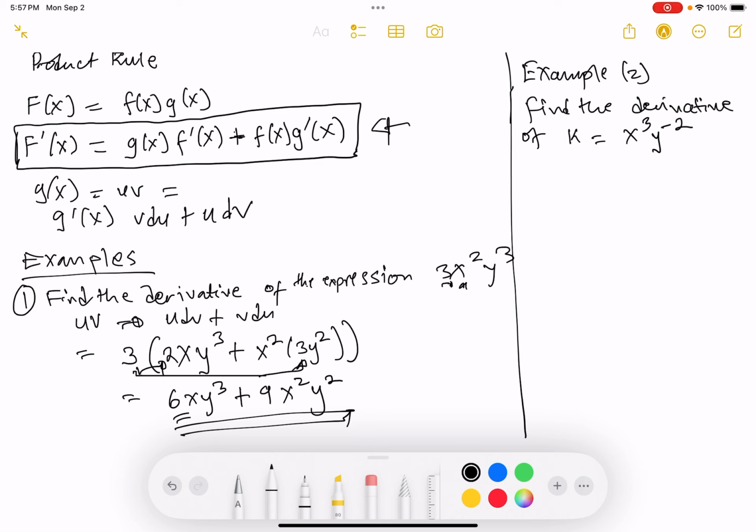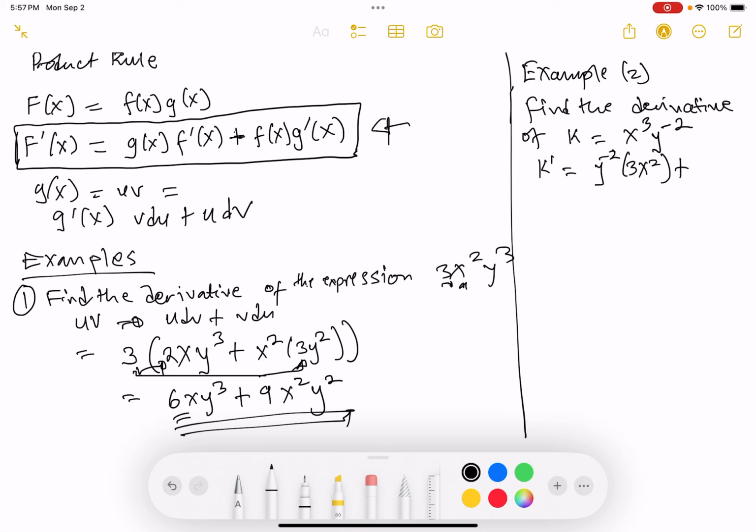The way we find this one is that you're finding k prime, essentially the derivative of this function, and you apply the same rule. So hold one, differentiate the other, plus hold one, differentiate what you had before. So here I'll hold y to the power minus 2 and then differentiate x, which will be 3x squared.